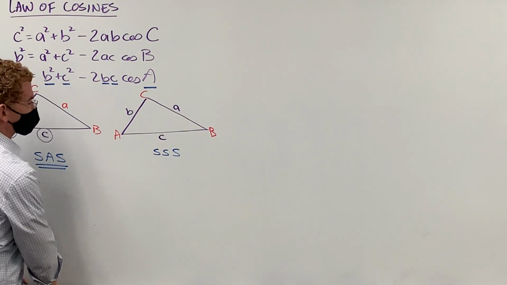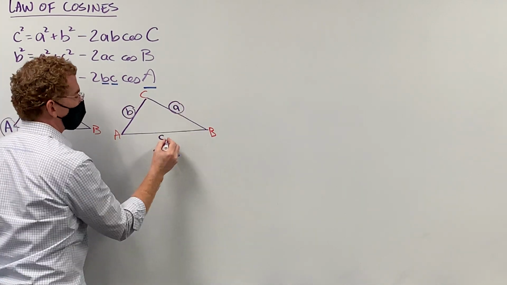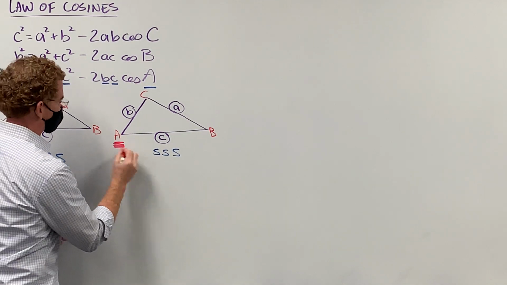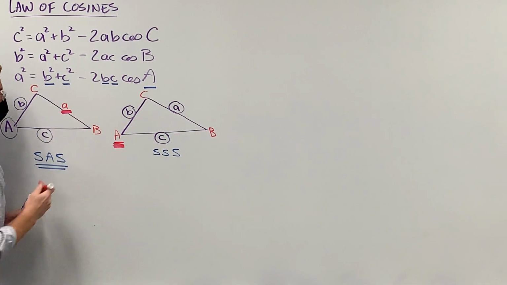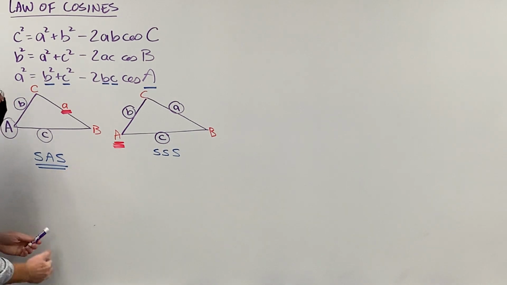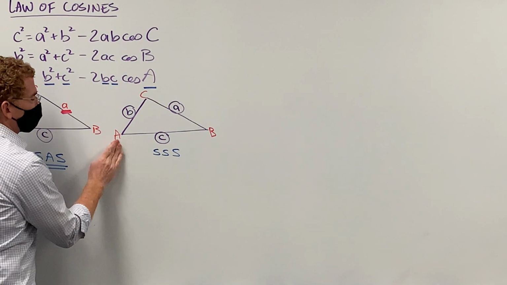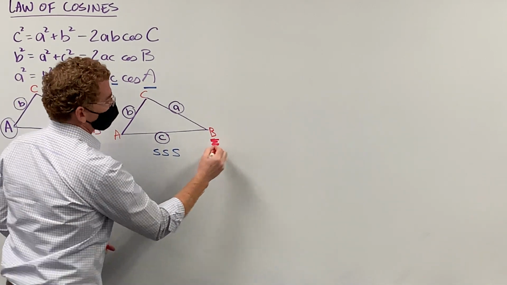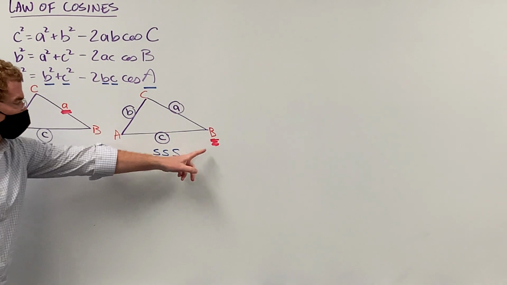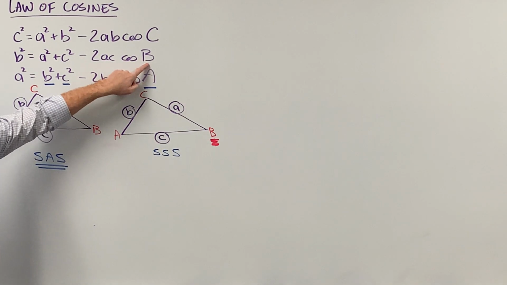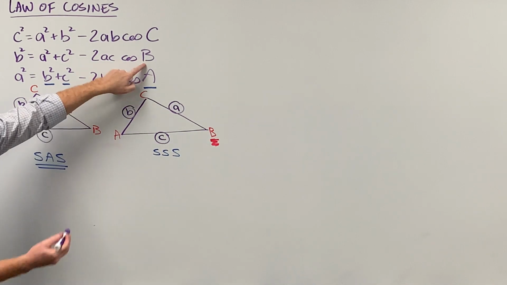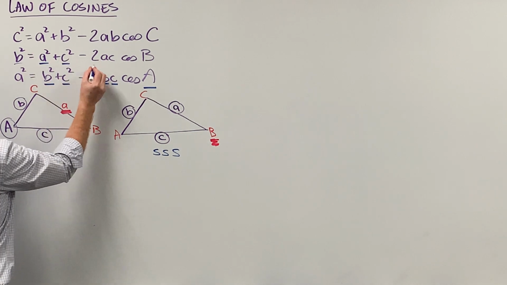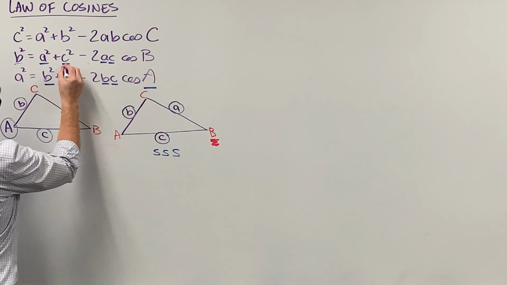But if I know those three, and say I'm looking for angle A. Kind of like before, I might have been looking for that. Well, let me look for a different angle. Let's just say I was looking for angle B. If I'm looking for angle B here, I would want to use this equation, right? And I would take all three sides and plug them in. And if I did that, you can see I would know all of these sides.